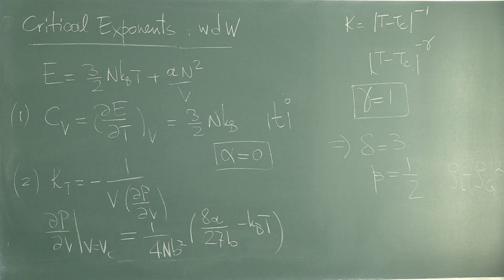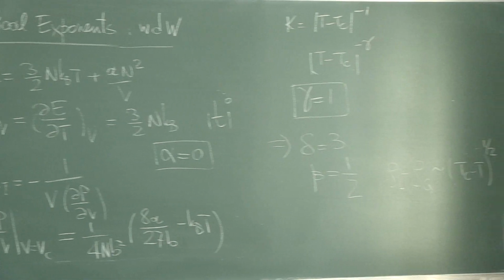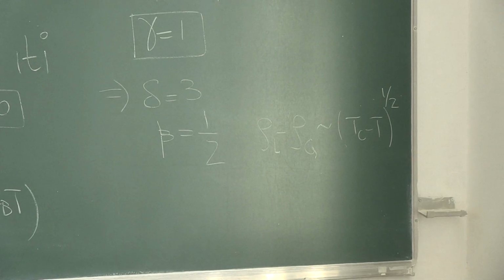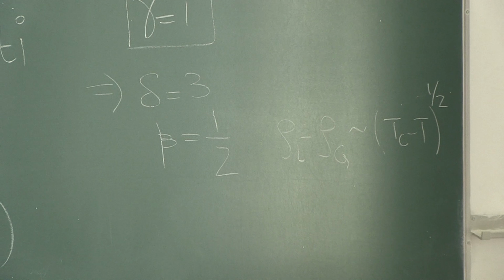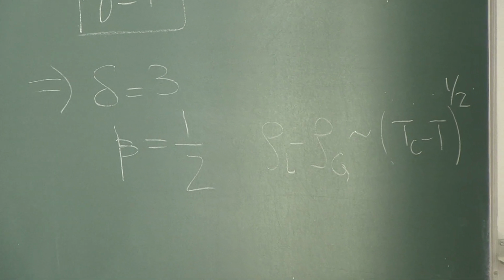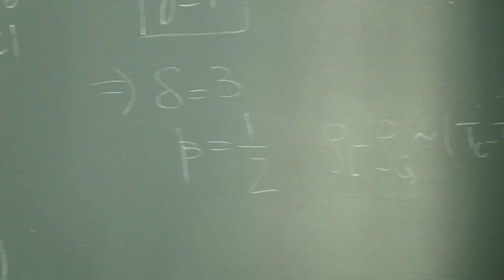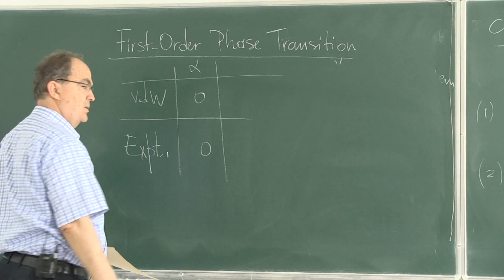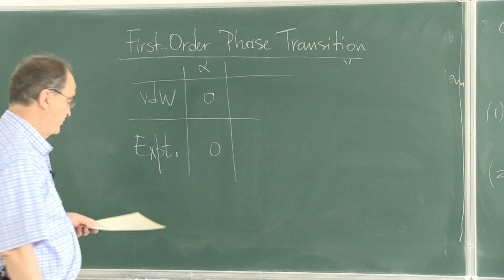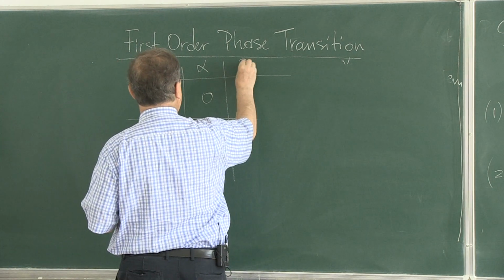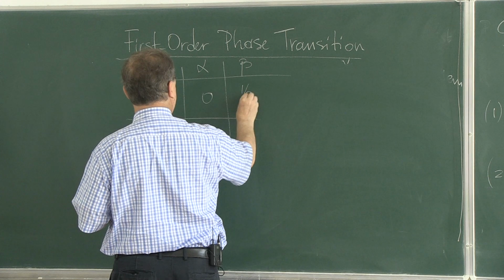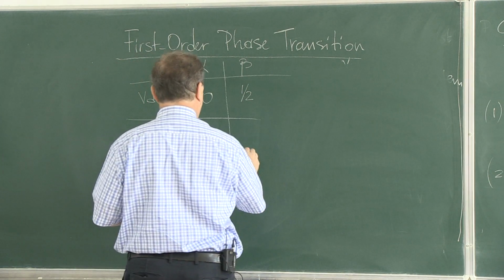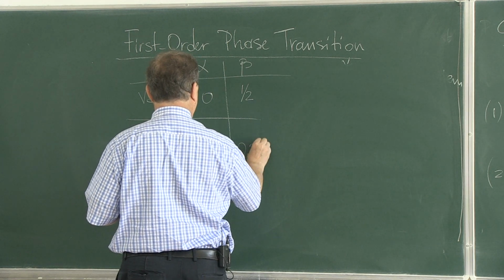Van der Waals results and the experiment. For alpha, both give 0. Beta is 1/2 from van der Waals, and experiment says it is around 0.34.